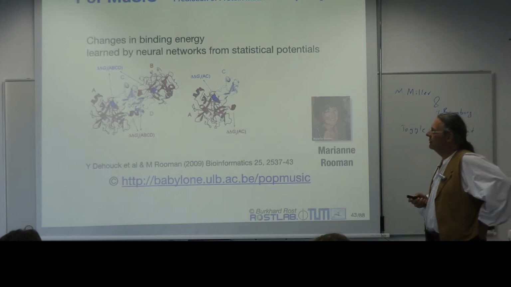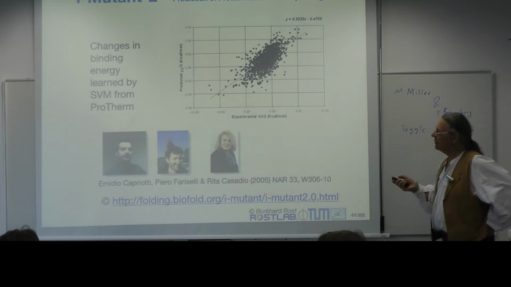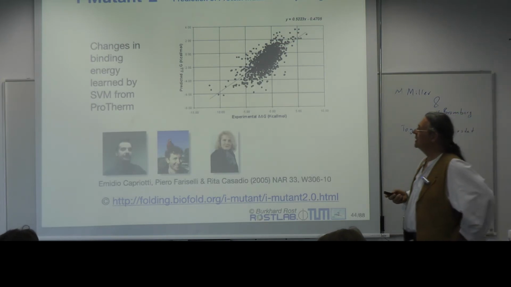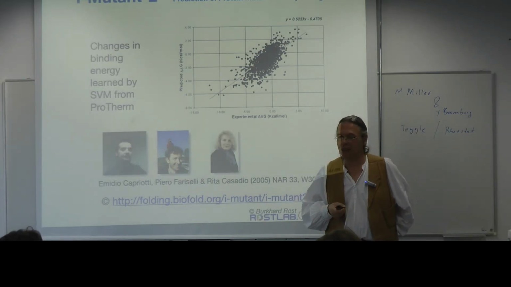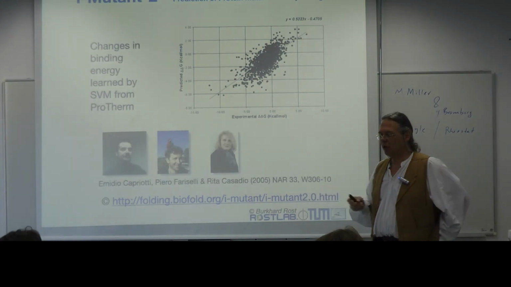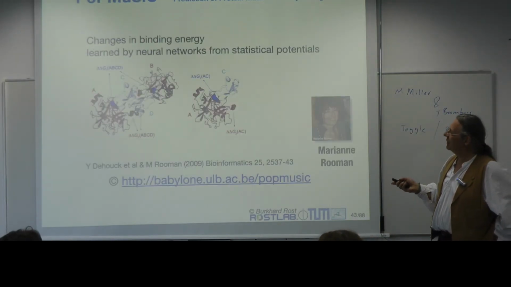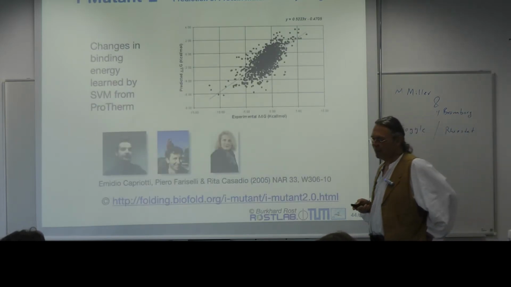They were the first to do this with machine learning, and then we get into I-Mutant from Emidio Capriotti, Piero Fariselli, and Rita Casadio. Essentially, they begin with the same experimental data, fitted with machine learning in a way that is different from this one here, because they look at delta G, they look at the data in a slightly different way.